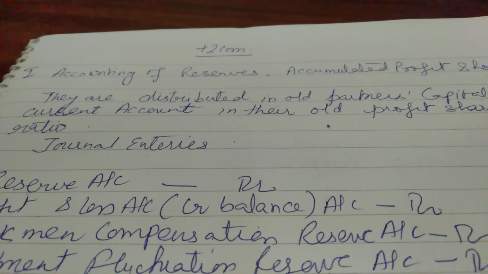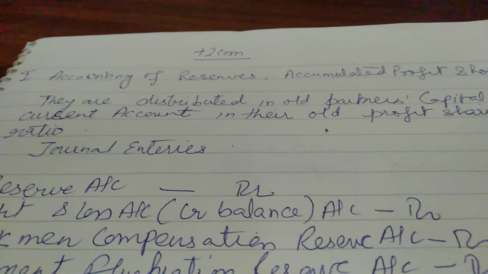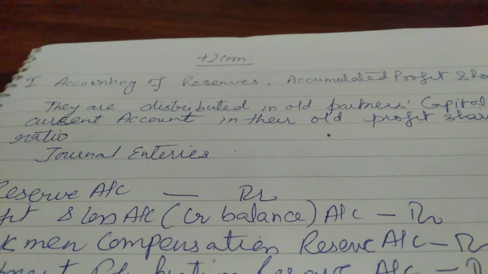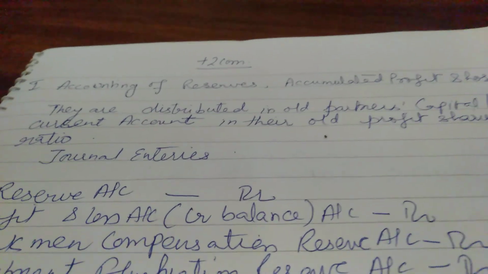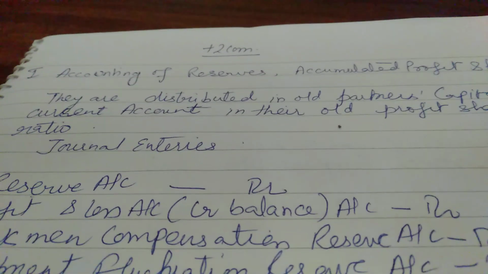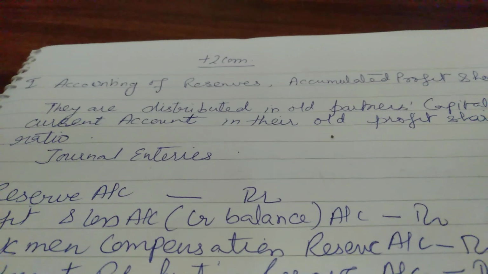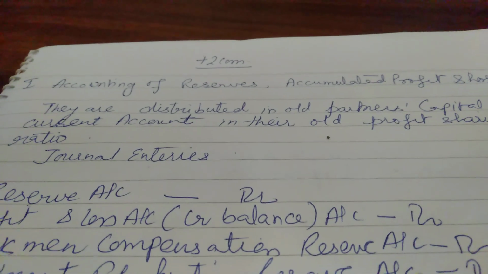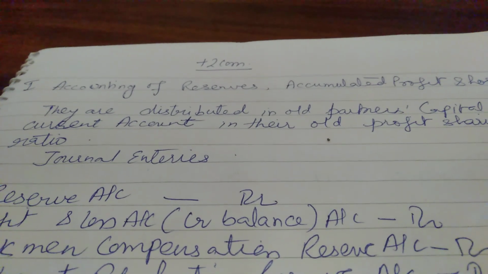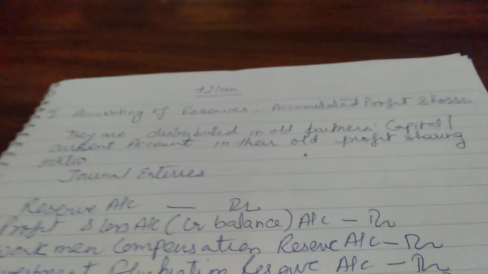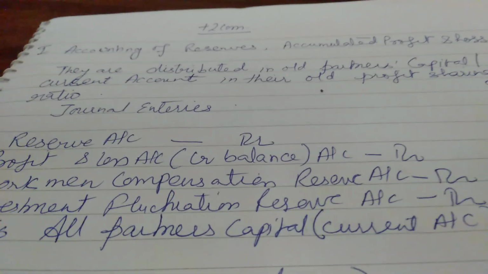If they are maintaining fluctuating accounts, you will pass the entry through capital account. This thing you have to remember. I won't repeat it again and again. This was made very clear to you in your earlier chapters also, that in case of fixed capital you pass all the entries through current account, and if there is fluctuating capital you will pass the entry through capital account.